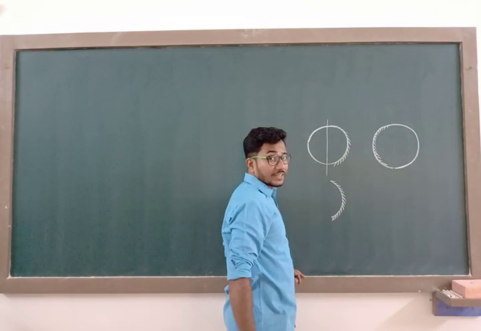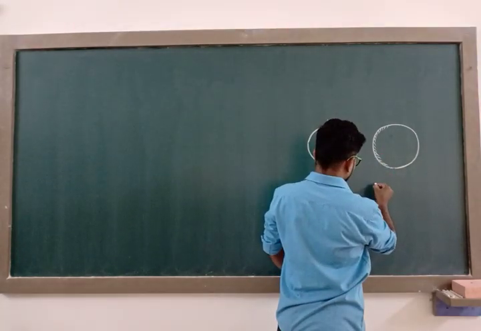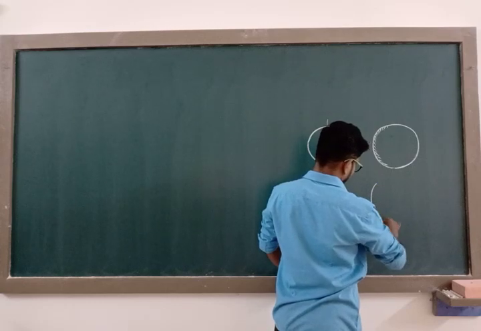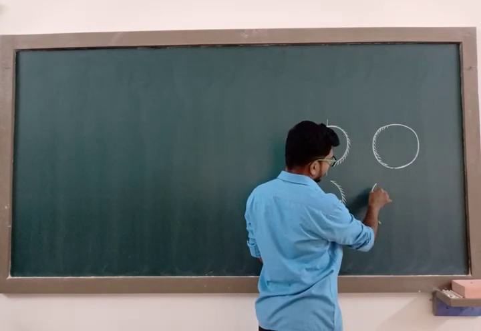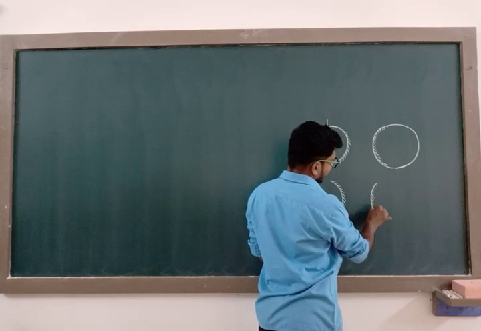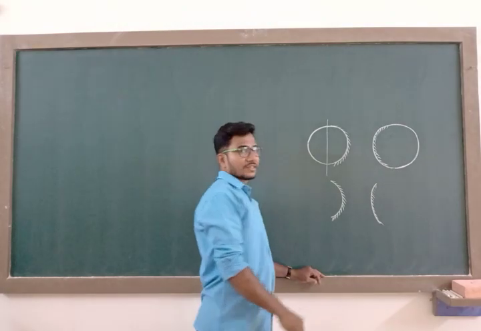Inner surface is reflecting. Similarly, in case of this sphere, inner surface is opaque. Outer surface is reflecting.